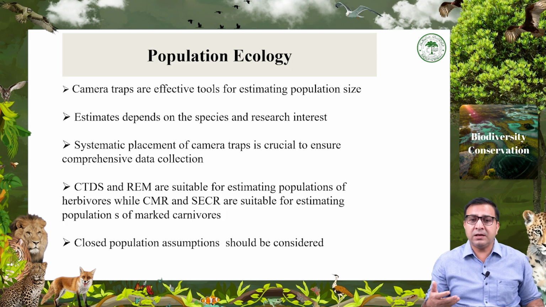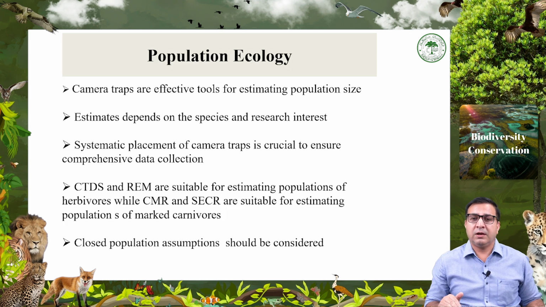When deploying camera traps, we need to consider species behavior and their biology, and always follow the closed population assumption. That is one of the assumptions when we deploy camera traps: the population is closed, that there is no birth, no death and no migration, which ensures our data is reliable for conservation efforts.